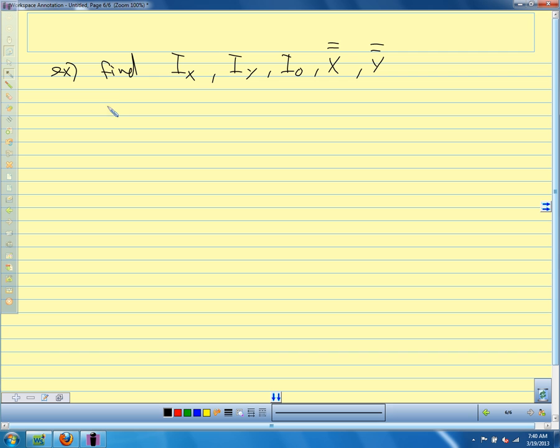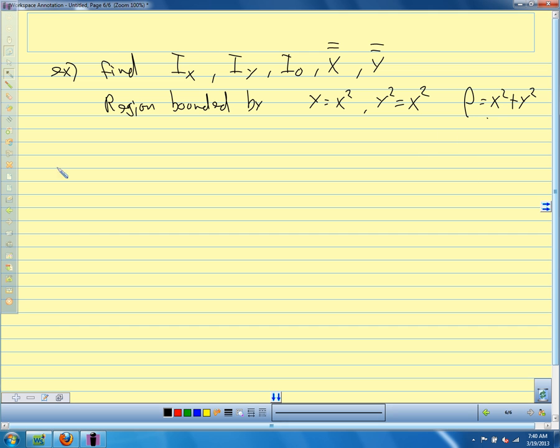Our region is bounded by y equals x squared, y squared equals x, and our density function is x squared plus y squared.